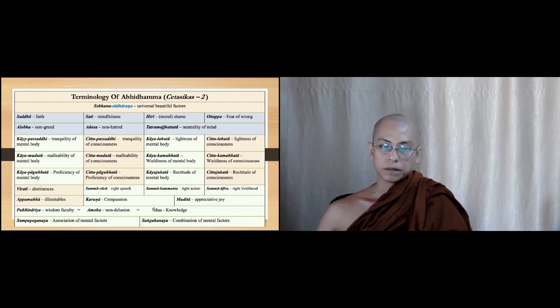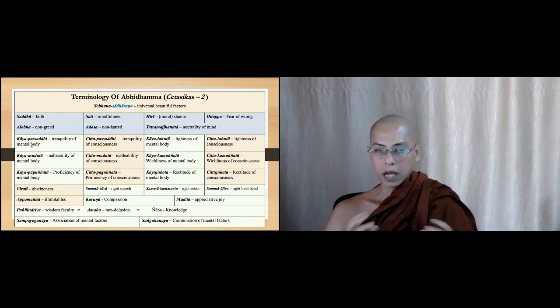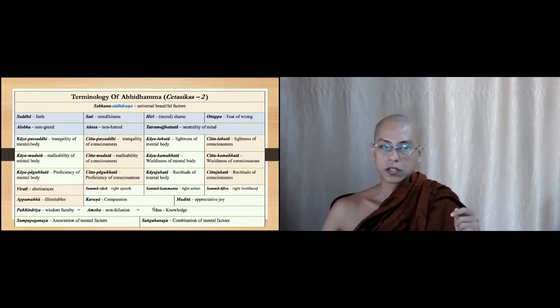Here the Kaya refers to mental bodies. We have different types of kaya, body. Mental body is called Nama Kaya. Physical body is called Rupa Kaya. So here in this case, the word Kaya refers to mental bodies.